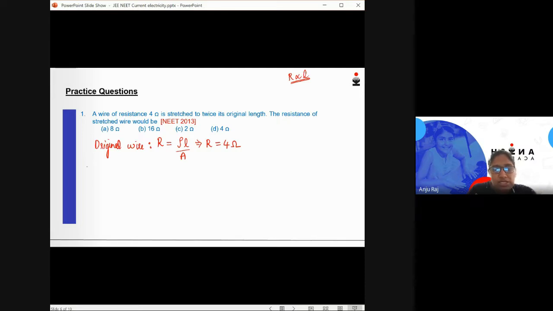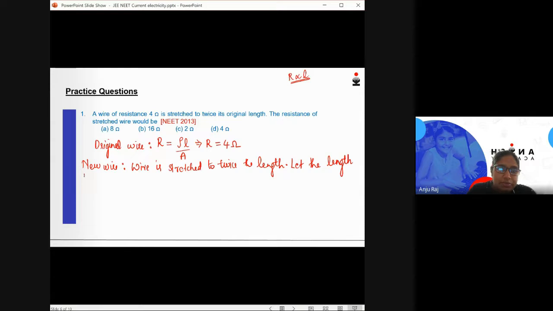Now the wire is stretched, so the new wire. So what is happening here? The wire is stretched to twice the length. So I'm considering, let the length be L dash.